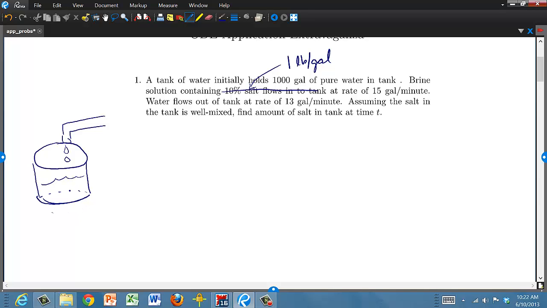And then you've got a spout at the bottom, and we're losing solution at a given rate. And we know that the solution's flowing in at 15 gallons per minute. And you've got fluid flowing out at 13 gallons per minute.